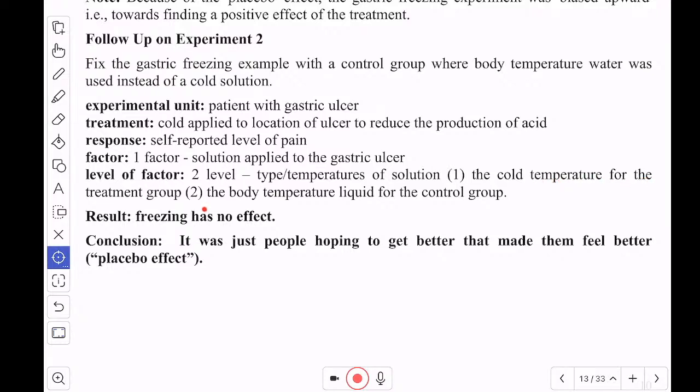But for the placebo group, I'm going to use a body temperature liquid like water for the control group. So the patient is not going to have that treatment. Everything else pretty much looks the same, but they're only going to have liquid body temperature water administered at the site. Okay?